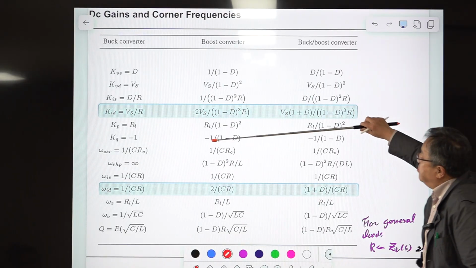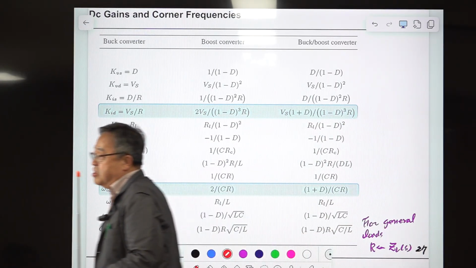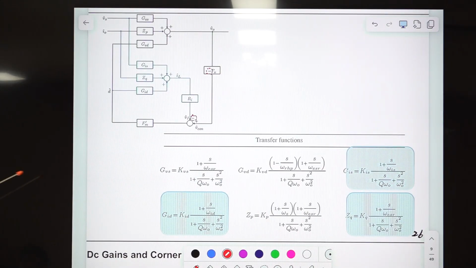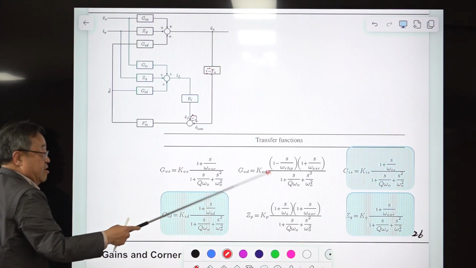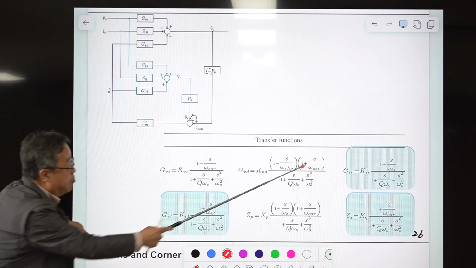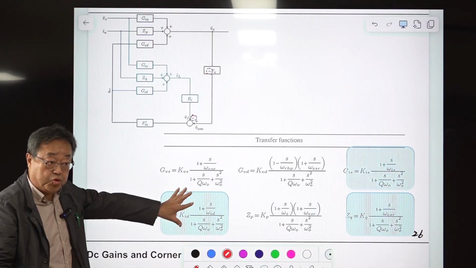Why did I shade this? The reason is that previously we were dealing with only 3 transfer function blocks in voltage mode control, and we need 3 more for the current mode control case.